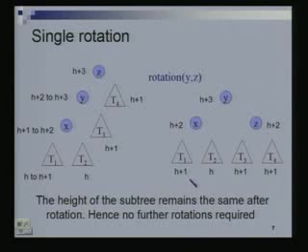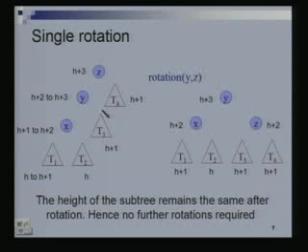So the height of the subtree remains the same after the rotation, the same as before the insertion. So after we inserted and did the rotation, the new height also becomes h plus 3.